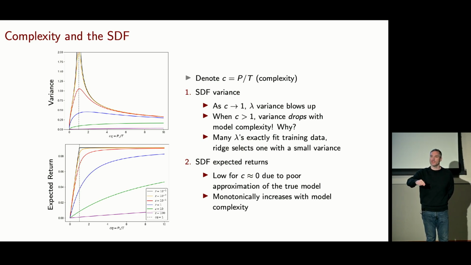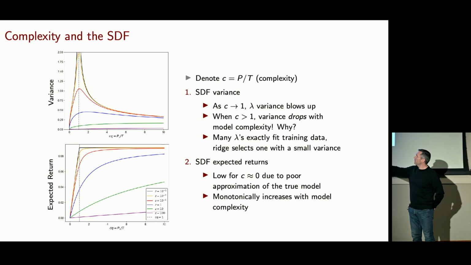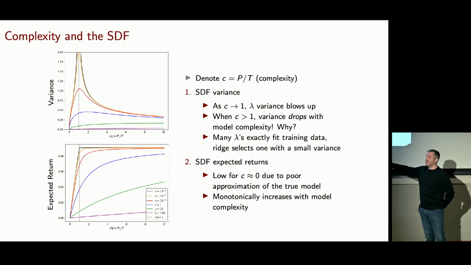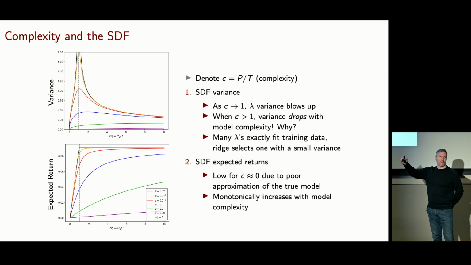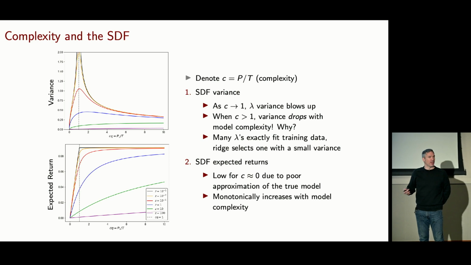So my SDF behaves stably when I go out of sample. Now, as I start to increase the number of parameters, what happens? Well, that data gets spread more and more thinly. I get further and further from convergence of my parameter estimates for the SDF. So the SDF has more variability when I go out of sample. In fact, you can think about this as just running a regression.